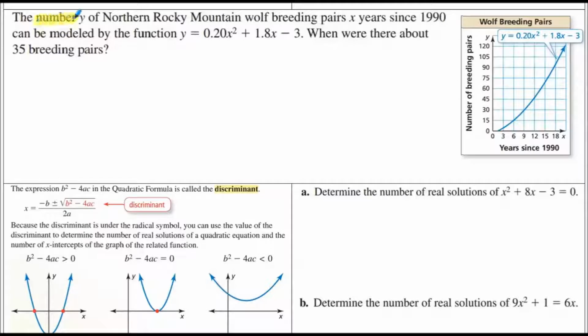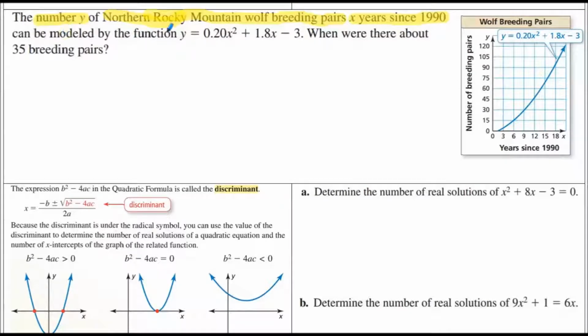The number y of northern Rocky Mountain wolf breeding pairs, x years since 1990. So it sounds like we're doing some kind of animal wildlife study here, which is pretty cool.